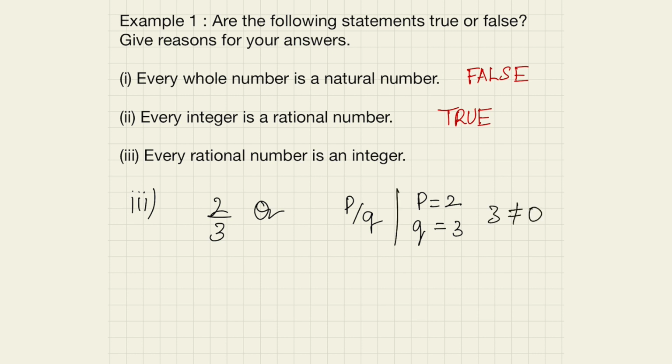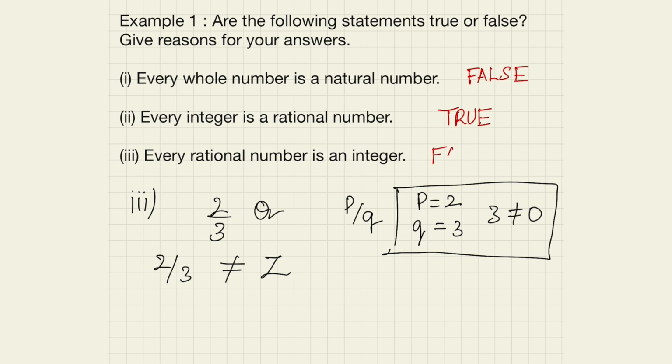So these are the 3 cases and all these 3 are valid in this case, which is 2 by 3, but 2 by 3 is not an integer. Obviously 2 by 3 is not an integer because integers have only non-fractional numbers. 2 by 3 is a fractional number, so it is not an integer. So this thing is false.